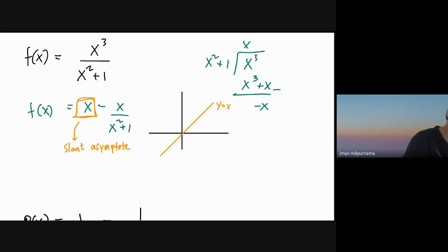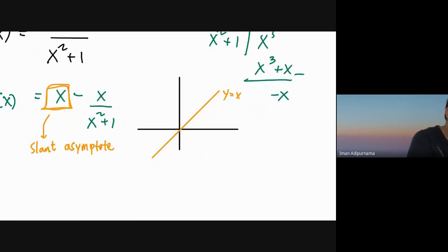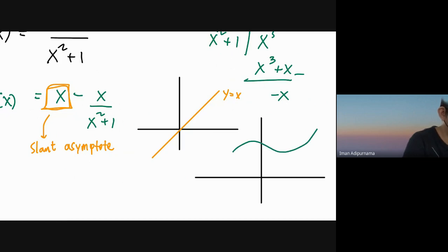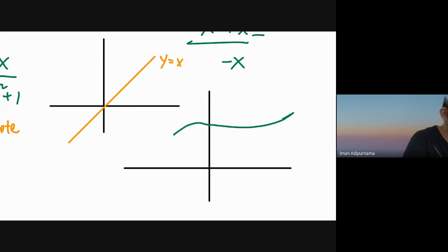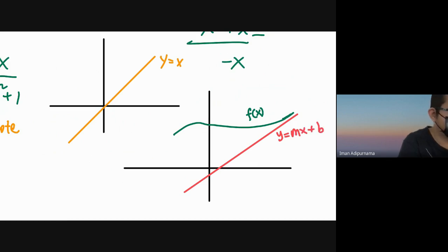But the best way to define the slant asymptote is if you have any random function, say your curve is here, like that, and let me write this as f of x, and the red line is our linear mx plus b.